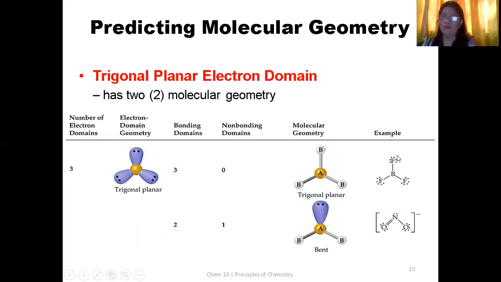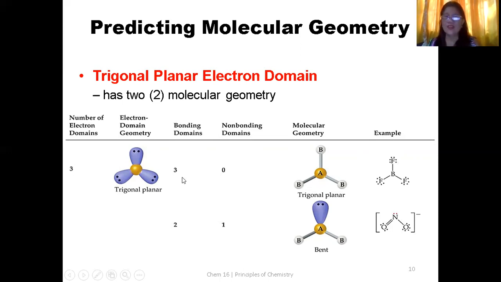If this is the Lewis structure of boron trifluoride, it's very easy to see that it is in a form of trigonal planar. How many electron domains? 3. How many bonding domains? There will be 3. Non-bonding, none, because there is no lone pair.